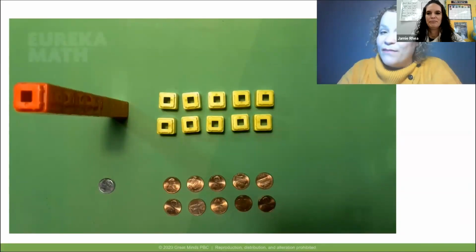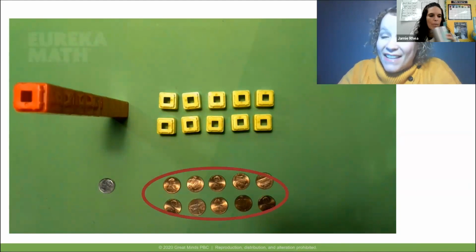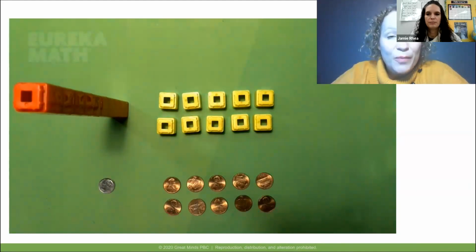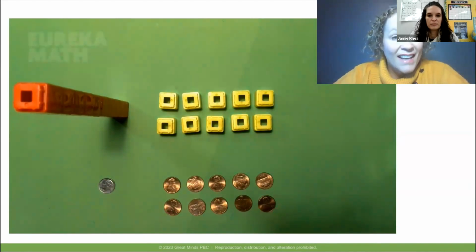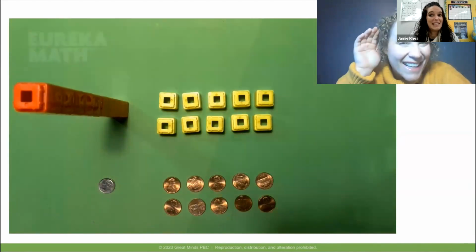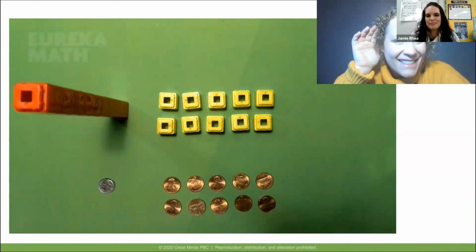A dime is 10 cents and 10 pennies is 10 cents. The dime is made from just 1 coin and the 10 pennies are 10 coins. These are great observations. So a 10 stick has the value of 10 cubes and a dime has the value of 10 pennies.